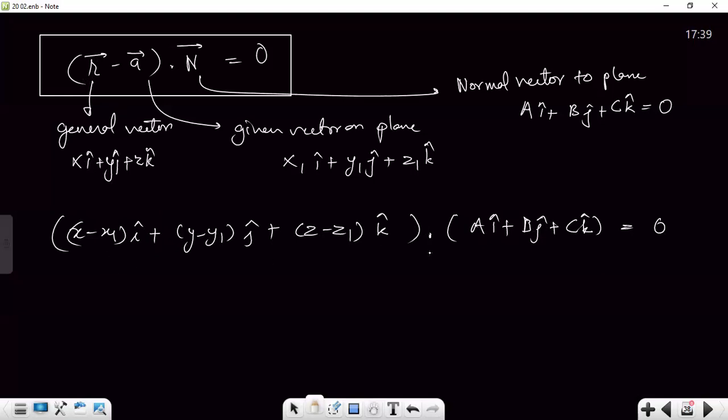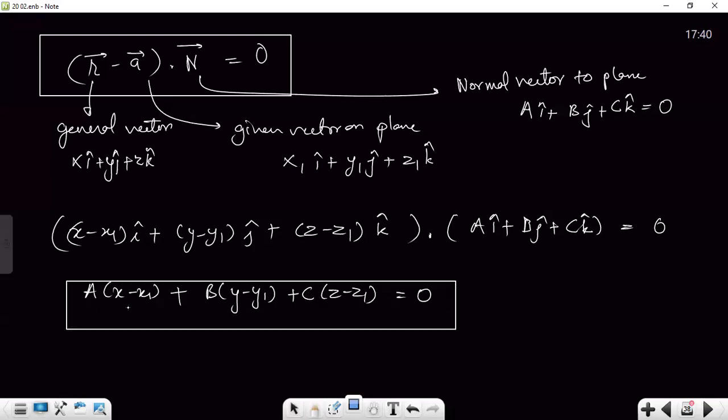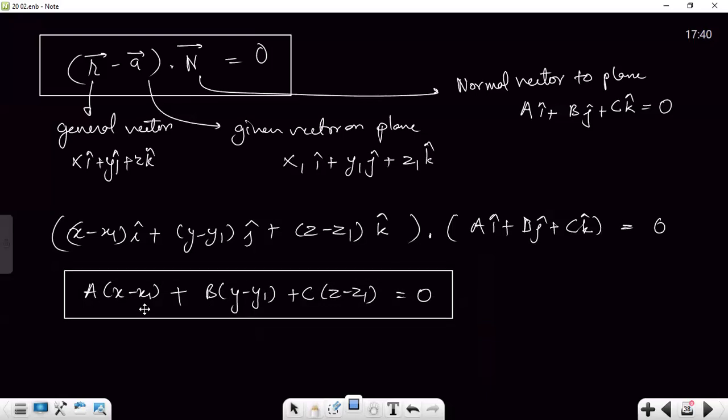Now for the dot product, we know the coefficients simply get multiplied. This is the equation of the plane in Cartesian form.